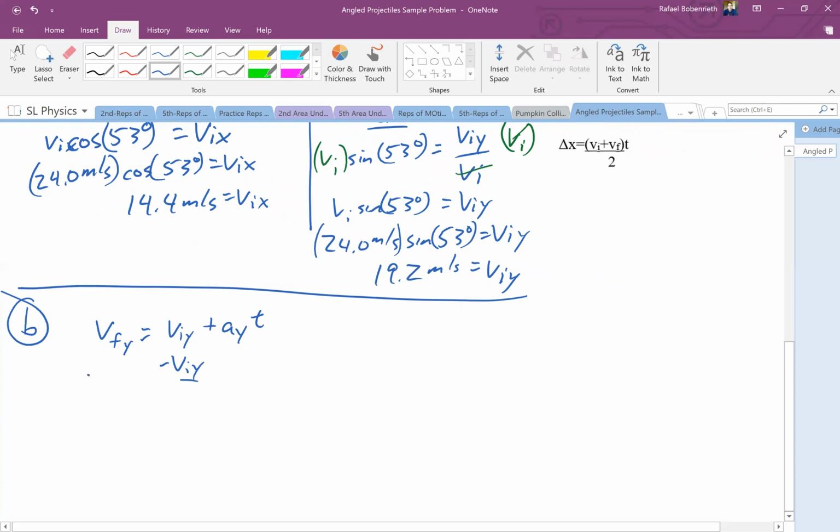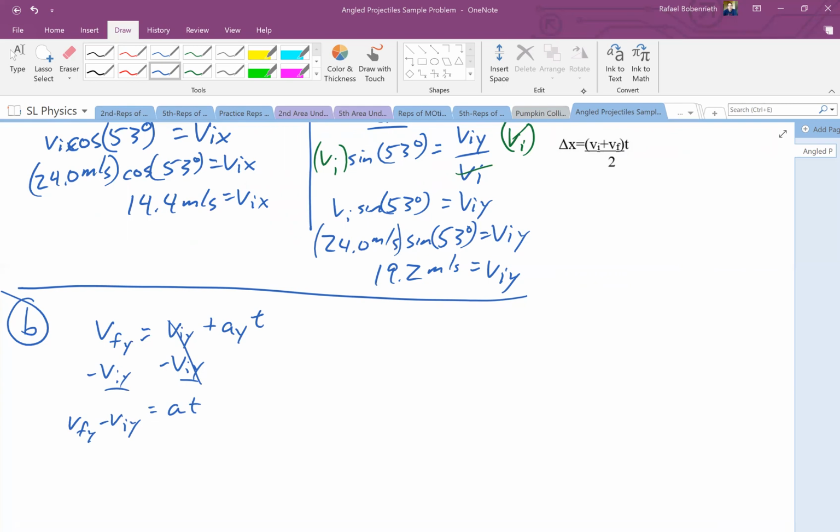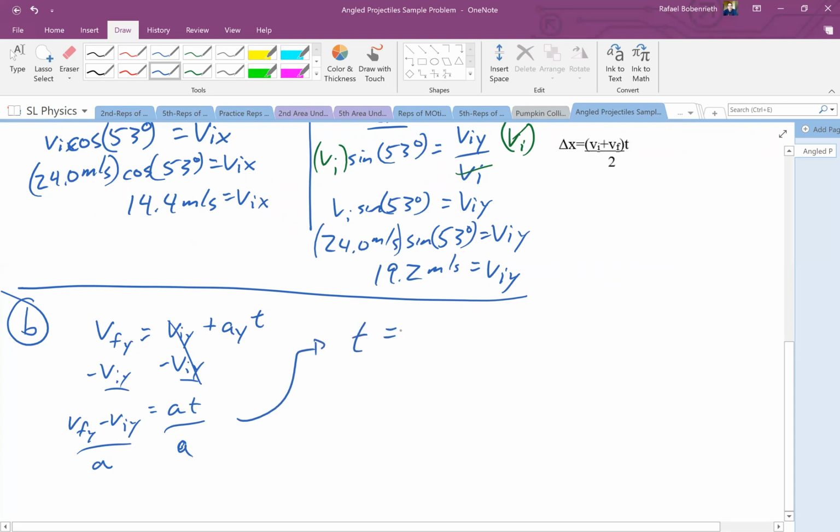I'll subtract VIY from both sides. I'm also going to divide both sides by the acceleration, and I will get an expression where the time is equal to the final velocity vertically minus the initial velocity vertically, divided by the acceleration in the vertical direction. Plug in my values.